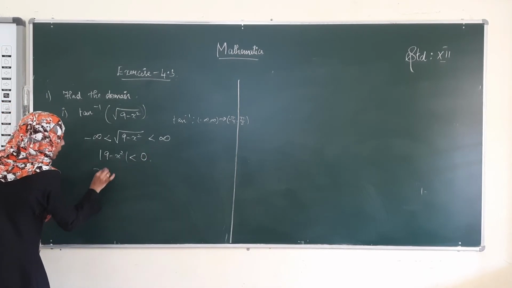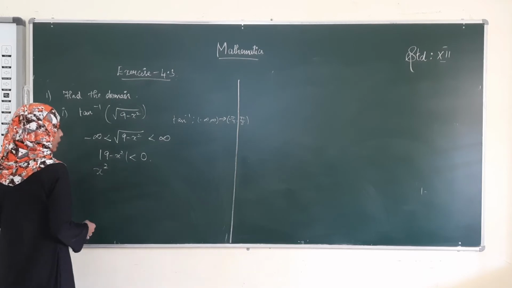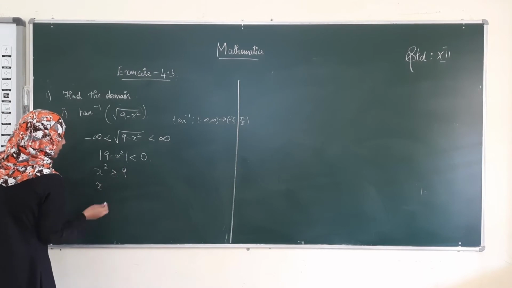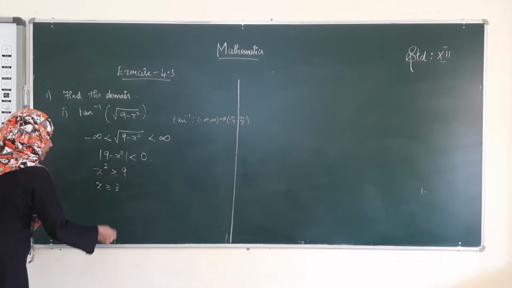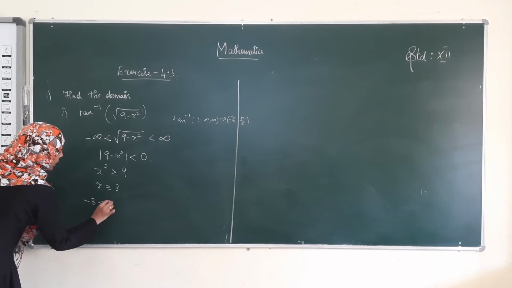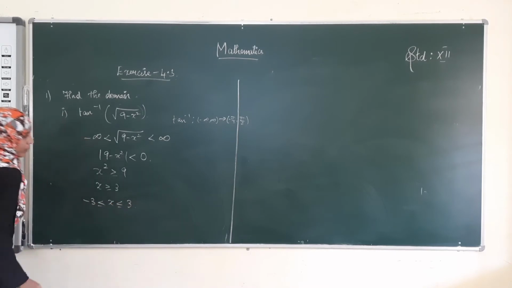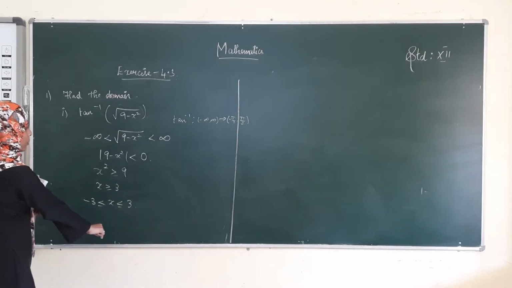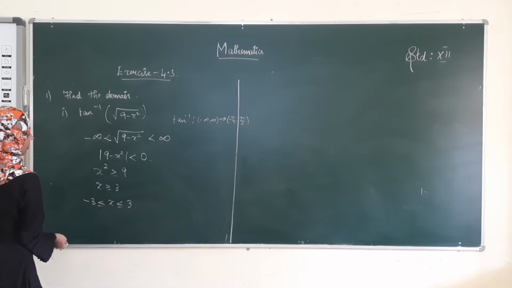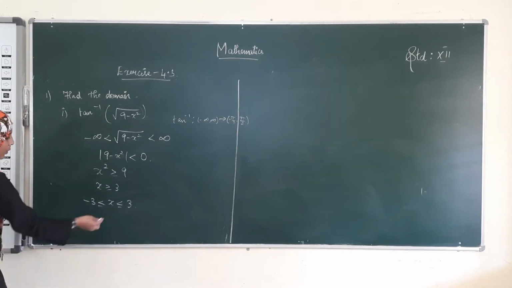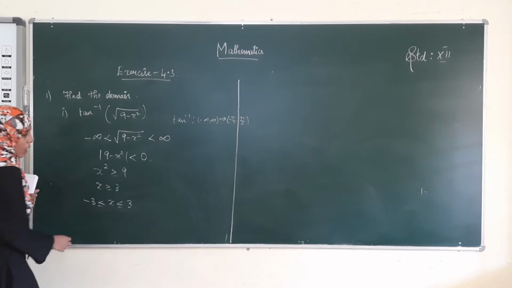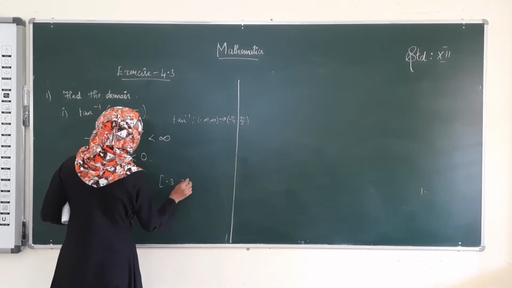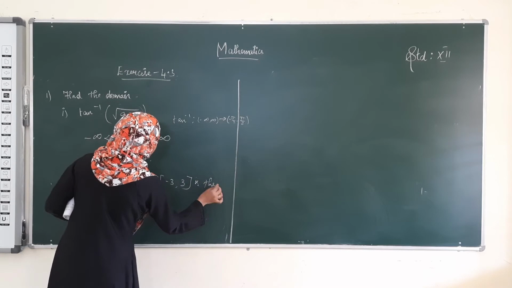Therefore we get x square less than or equal to 9, then x is between minus 3 and 3, that is minus 3 less than or equal to x less than or equal to 3. Can you understand? So what is the domain? The domain is the closed interval minus 3 comma 3 for the given function.